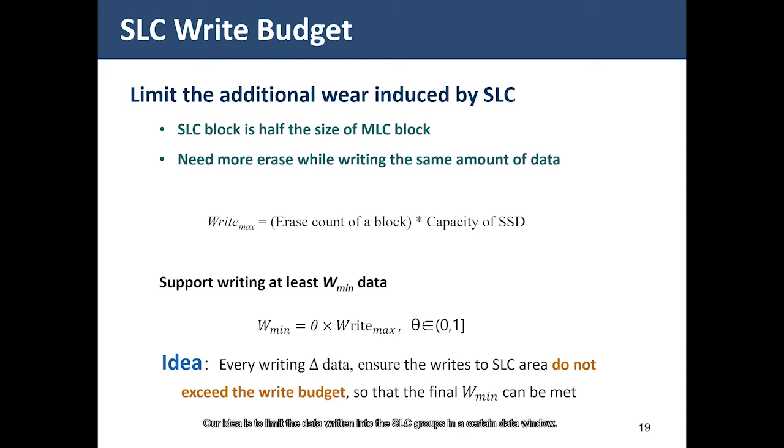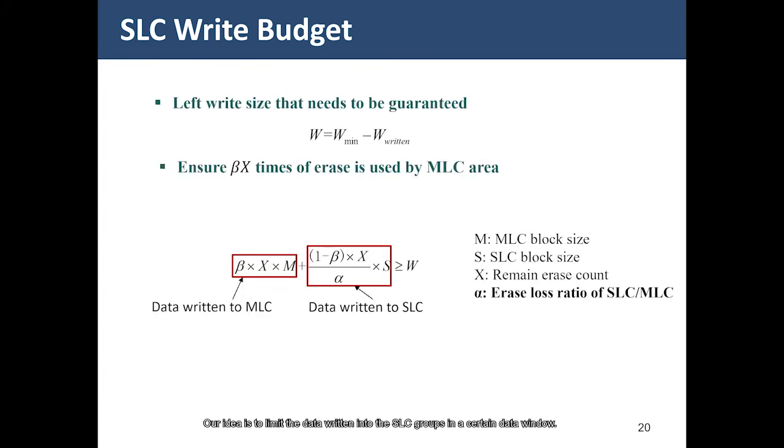Our idea is to limit the data written into the SLC groups in a certain data window. The remaining write size that needs to be guaranteed is WMIN minus the data that are already written. So the data written to the MLC area plus the data written to the SLC area needs to be greater than W. The data written to MLC can be calculated by beta times X times M, where M is the MLC block size and beta times X is the erase count consumed in the MLC area.